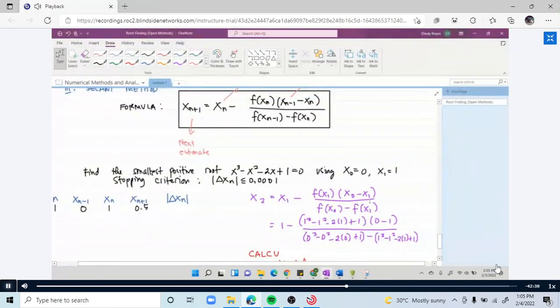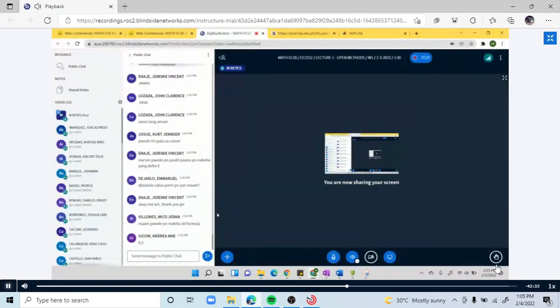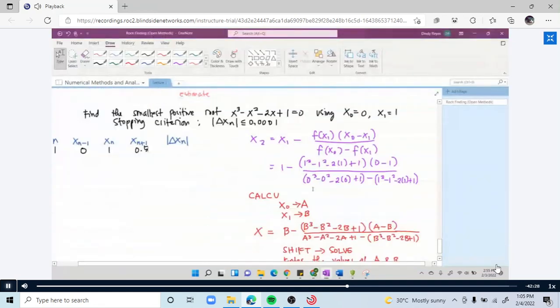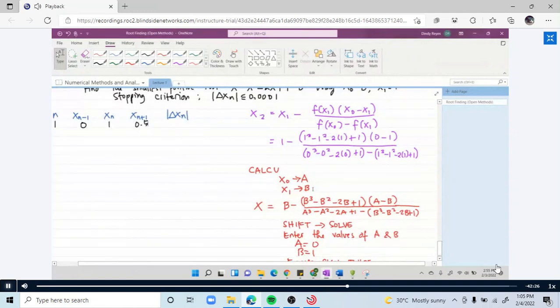That is the formula. Obviously, the difference between the two is 0.5.